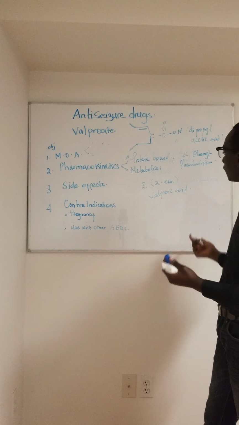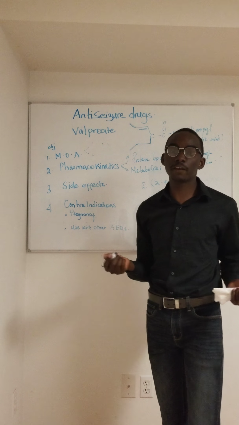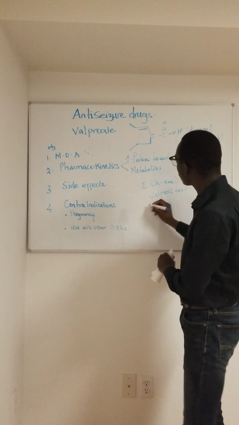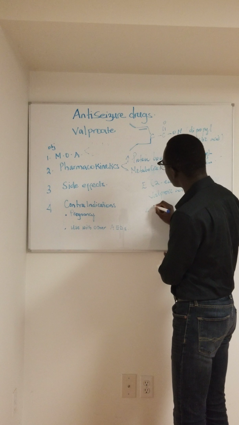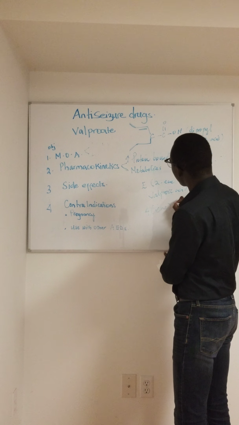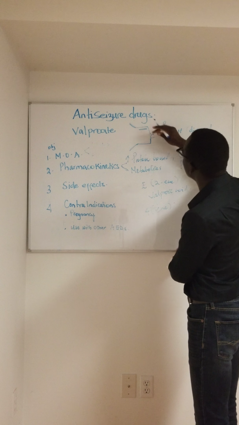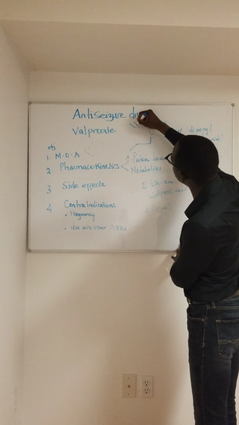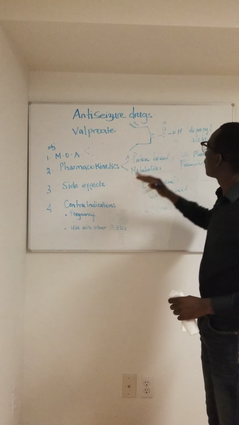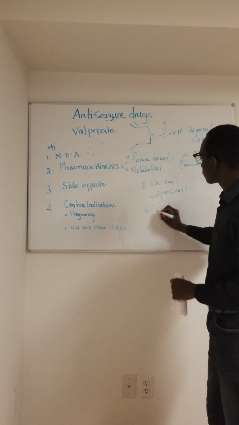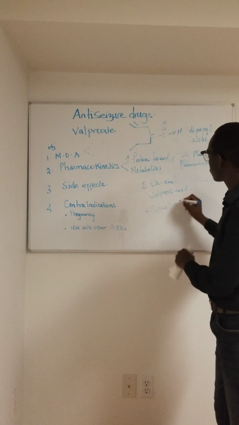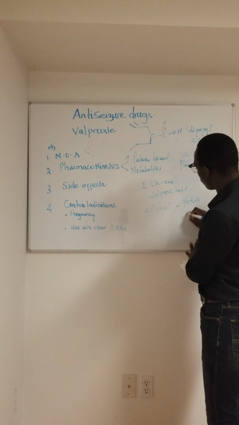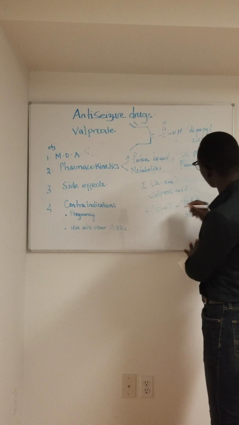It is seen to play a major role in the anti-seizure properties. And we also have another metabolite called 4-ene valproic acid. For the 4-ene, the double bond is outside, like a cis isomer. This 4-ene metabolite is responsible for most of the toxic side effects we are going to see with this drug.